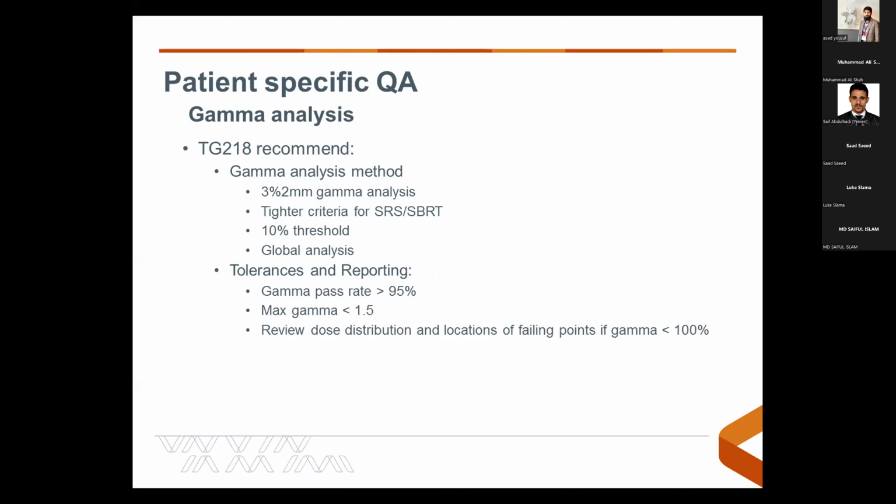They recommend reporting that gamma pass rate should be greater than 95% and maximum gamma less than 1.5, and reviewing the dose distribution and the locations of failing points if the gamma pass rate is less than 100%. So even if it's greater than 95%, they still recommend looking at where those points are failing and seeing if there are any significant points.